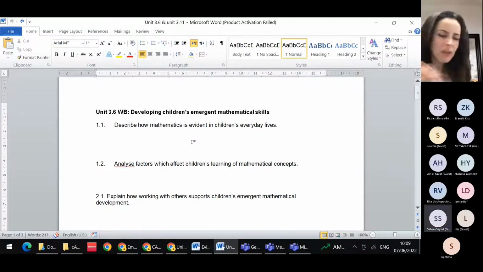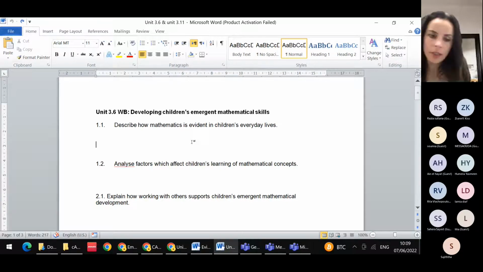Because reflective is just all about your own experience. It's nothing to do with a book. For the moment, we're just going to focus on the theoretical side of your course. So, Unit 3.6, Developing Children's Emergent Mathematical Skills.